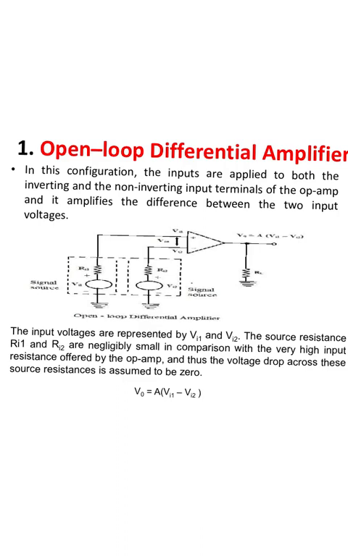The source resistances RI1, RI2 are negligibly small in comparison with the high input resistance offered by the OPAMP, and thus the voltage drop across these source resistances is assumed to be 0. The formula is given by V0 is equal to A of VI1 minus VI2.